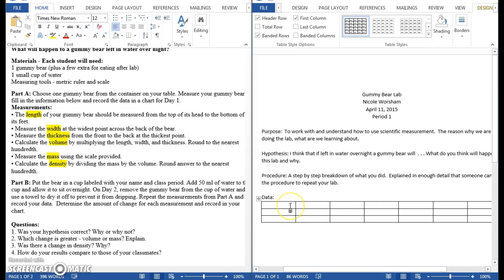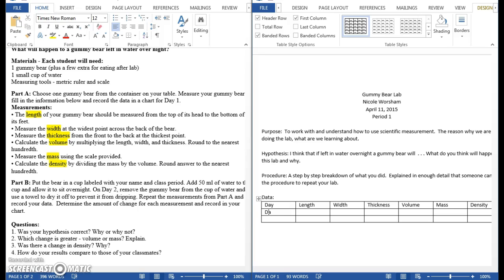Okay, so we come down here, and we're going to fill in things that we're going to be looking for. So day, length, width, thickness, calculate the volume, the mass, and the density.